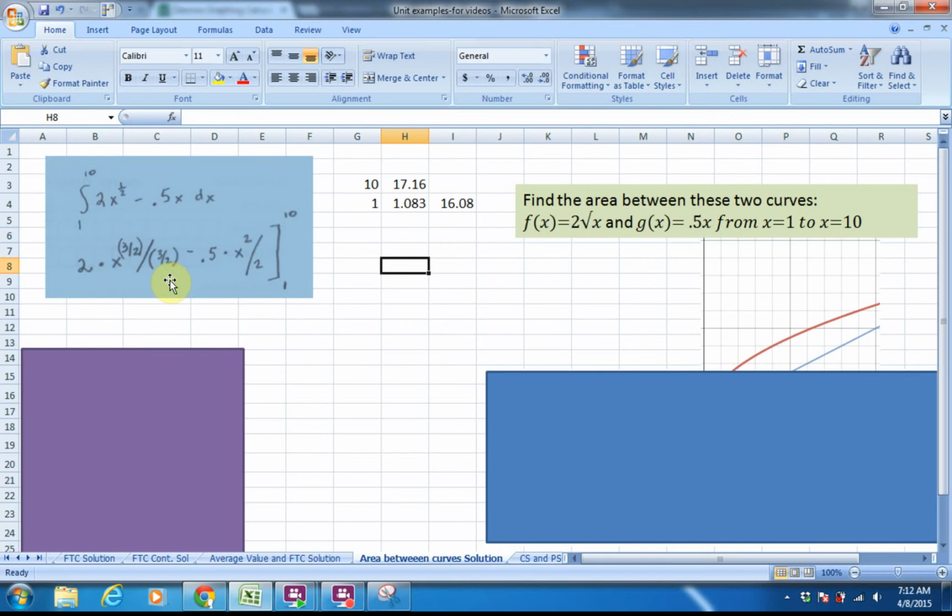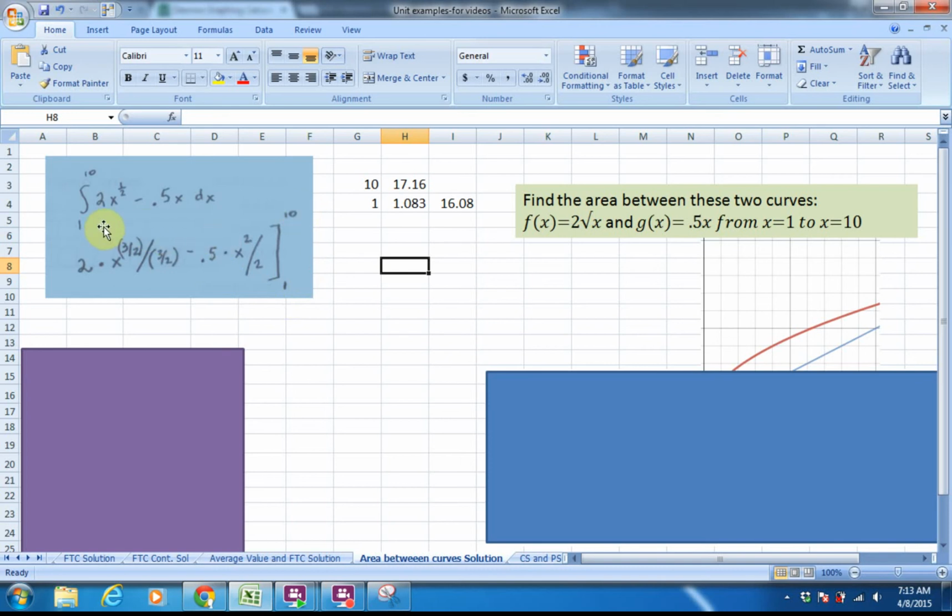I do put the parentheses around it because that's going to help me when I go over to my cell that I need to look at this. Then I'm going to anti-differentiate the next part, and I know that, again, this is on the definite integral from 1 to 10.